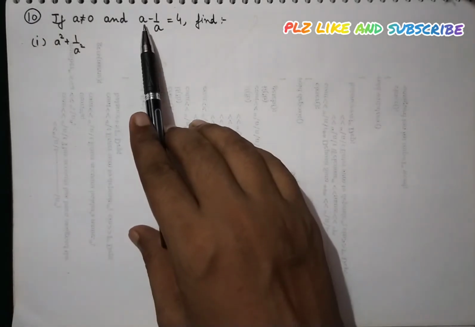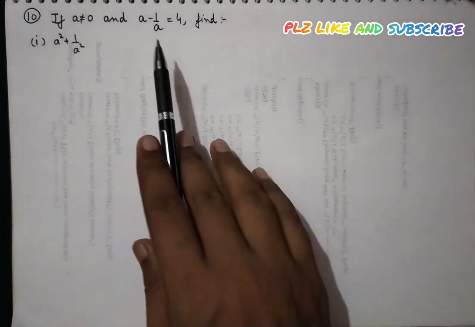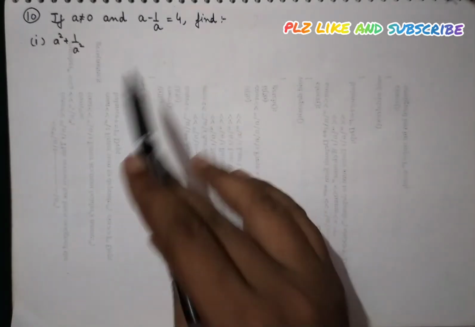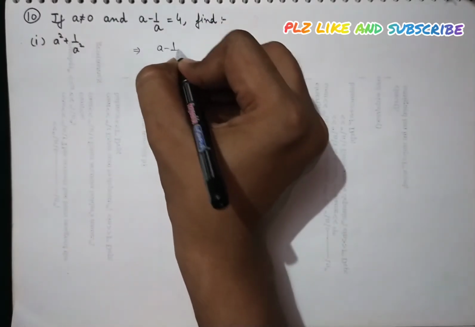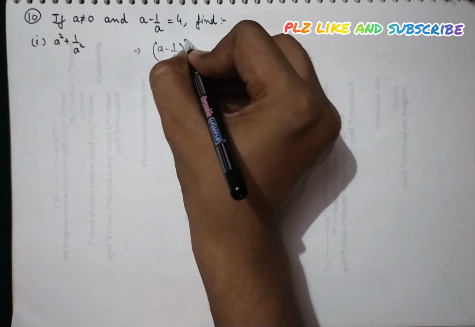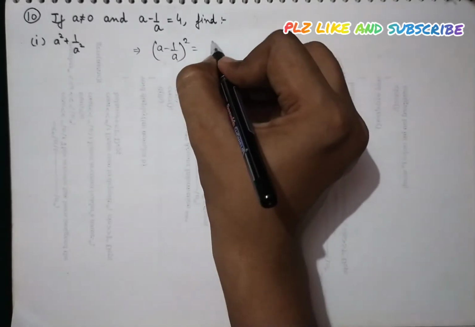Now here we have been given a minus 1 upon a equals 4, so we are going to proceed by taking square on both sides. This will be written as a minus 1 upon a, to the whole square, equals 4 square.